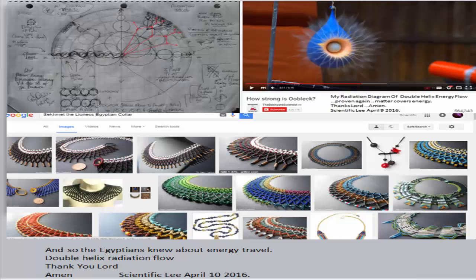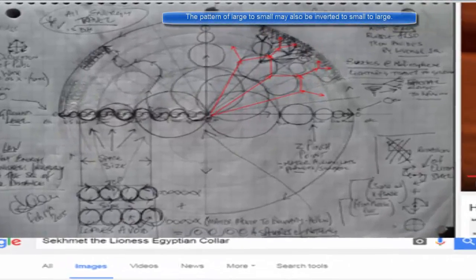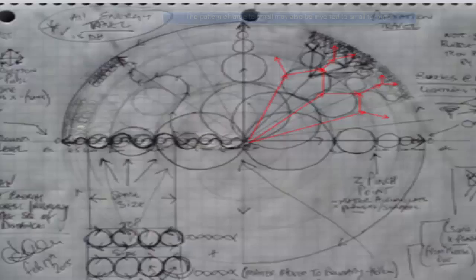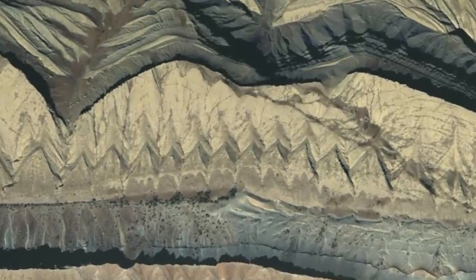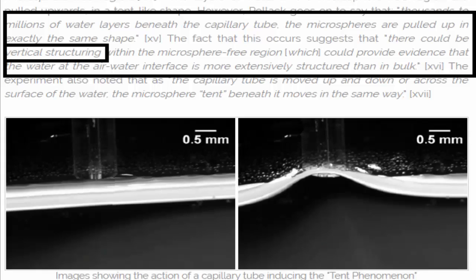So here we have the picture with Egyptian jewelry showing the same pattern, and oobleck showing the same pattern of energy flow as it leaps out after having energy blasted into it. But the general direction of travel, because of the compression bubbles, is in a pointed surface because it is a vortex jump. So now seeing this is also explained as why there are carvings.